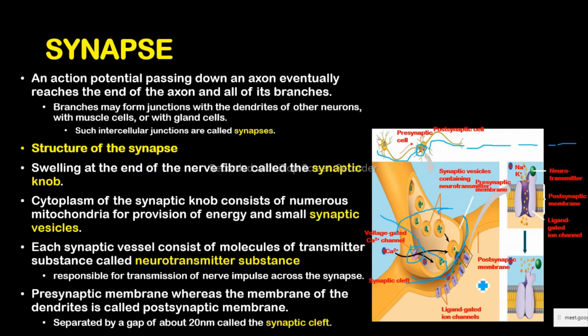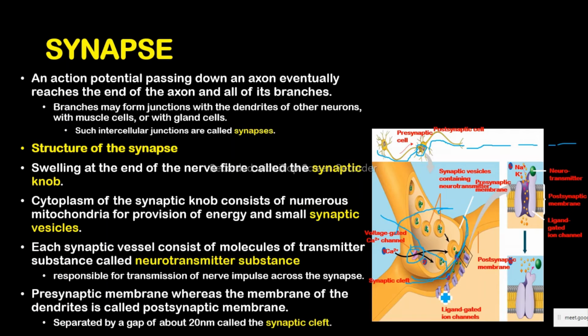Now why are they ligand-gated channels? Because they are opened by ligands. A ligand is either an atom, a group of atoms, or a compound that can bind to the central metal ion. Let me say that in chemistry.